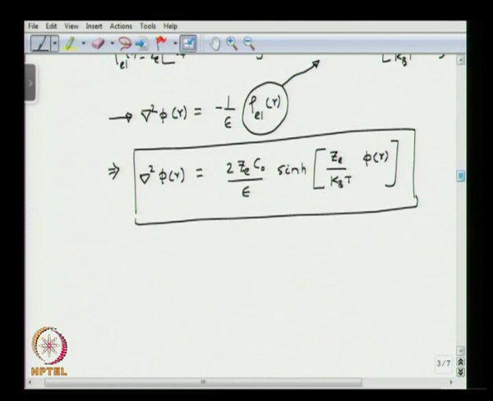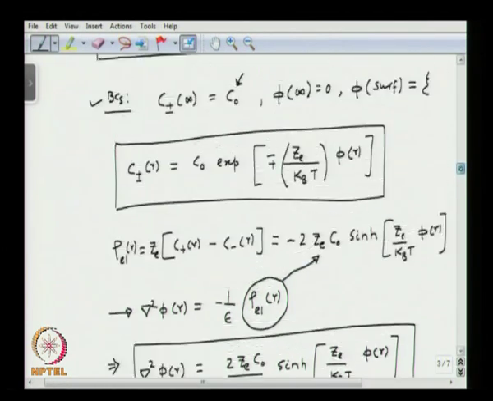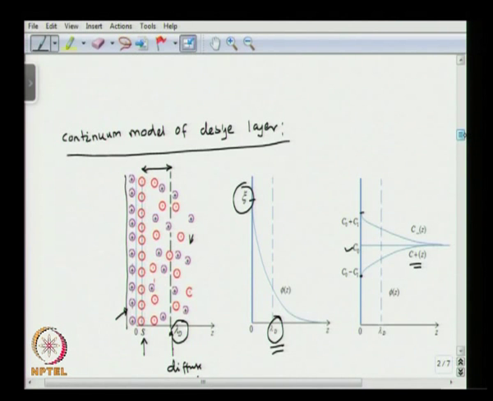So if you are considering a planar surface, we can say that phi is a function of z, where z is this direction here. This direction is z.